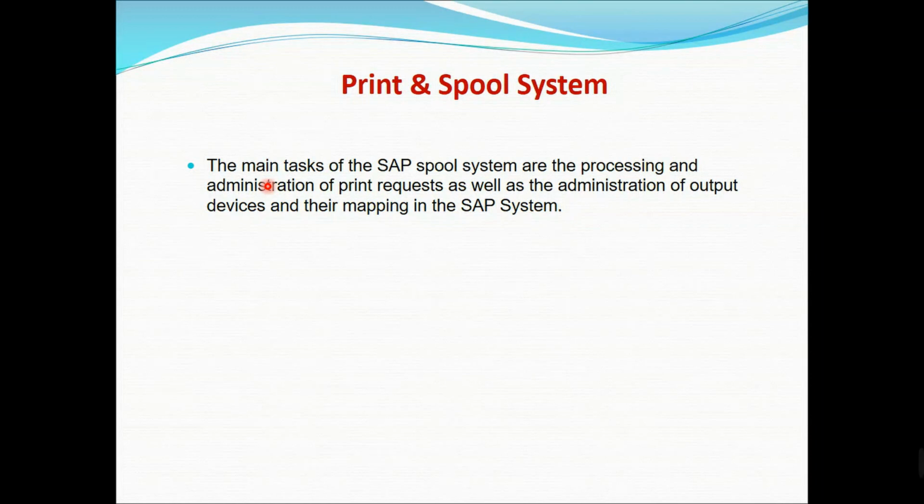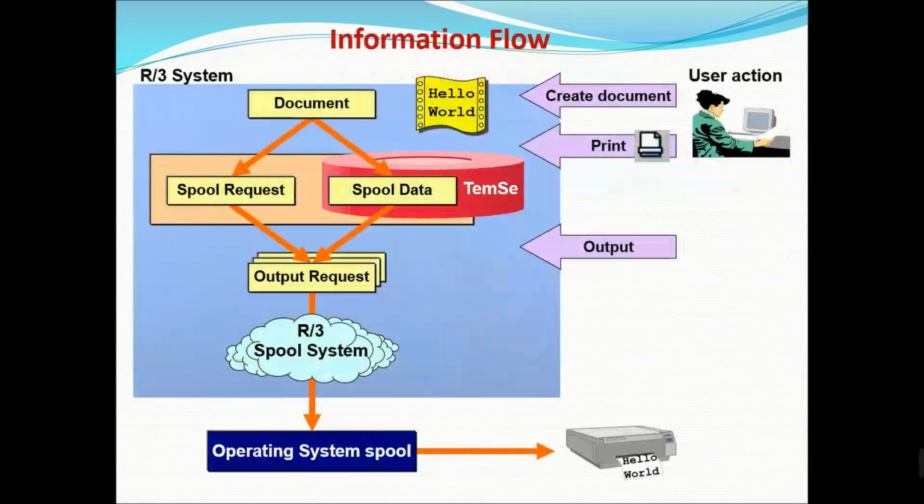The operating system host spool system then transfers the print job to the printer or similar output device. As an SAP administrator, it is your task to manage the output devices within the SAP system and configure and monitor the SAP spool system. So now we should go ahead.